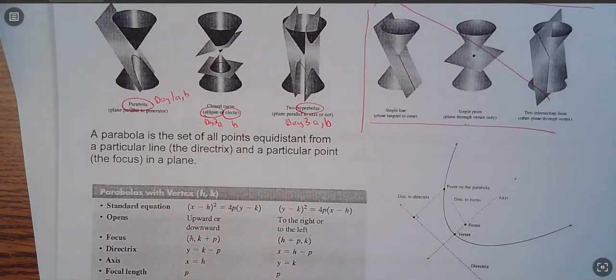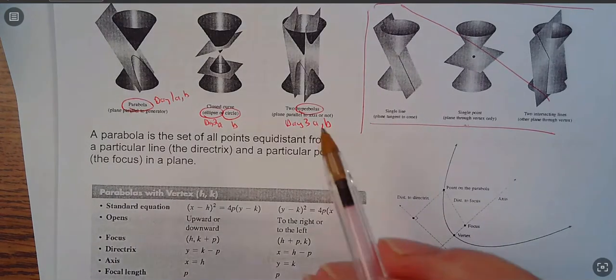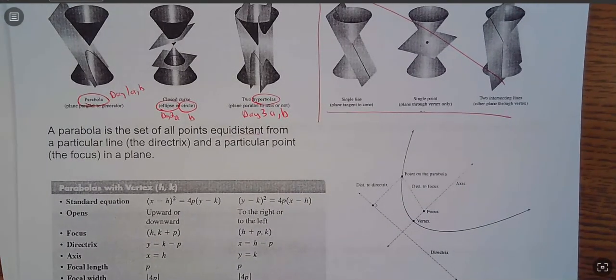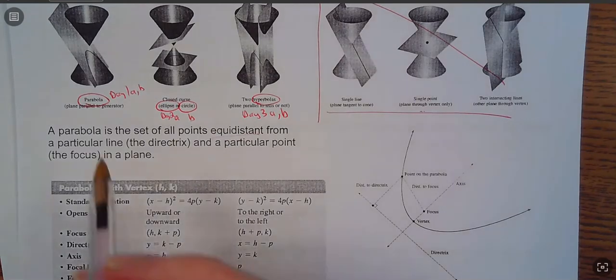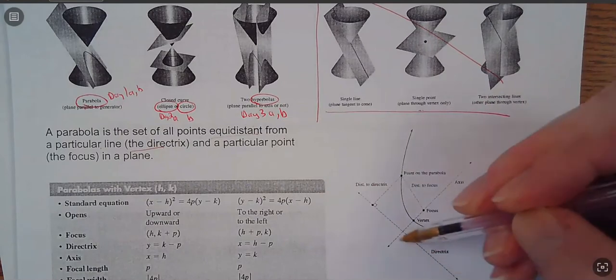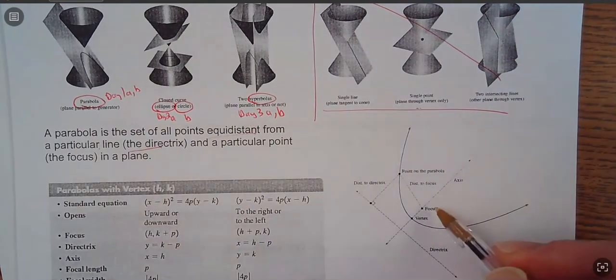So a parabola, technically, is the set of all points that are equidistant. Remember from geometry days, equidistant just means the same distance. So these two things are the same distance from a particular line, which we'll call the directrix, and this line back here is the directrix, and a particular point, which would be the focus.